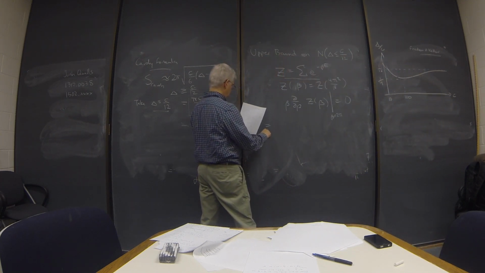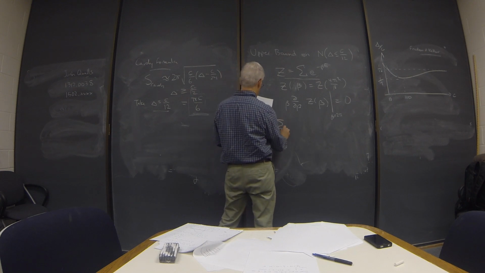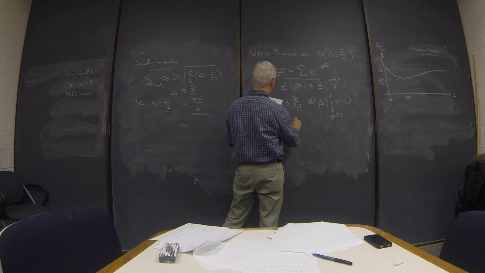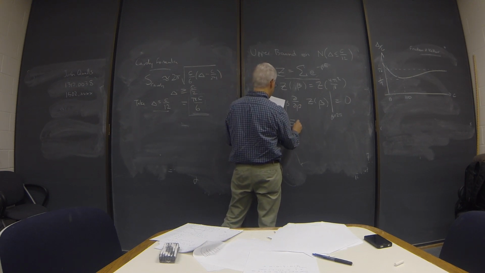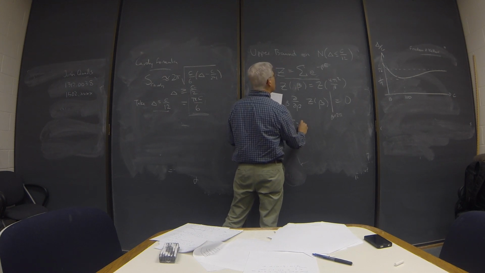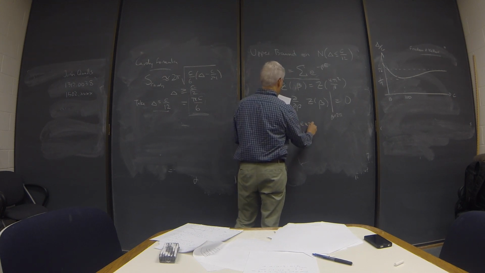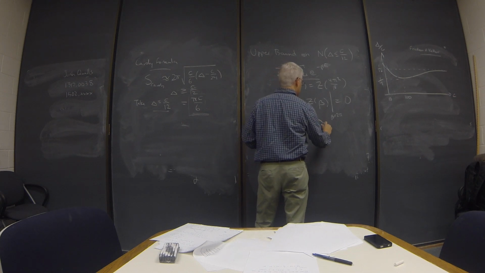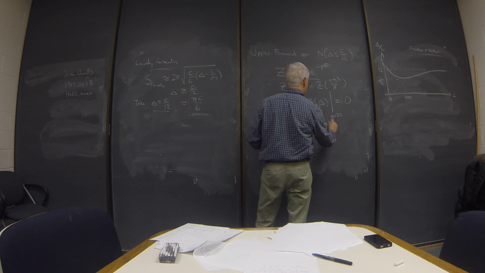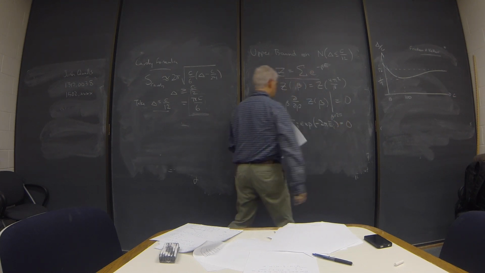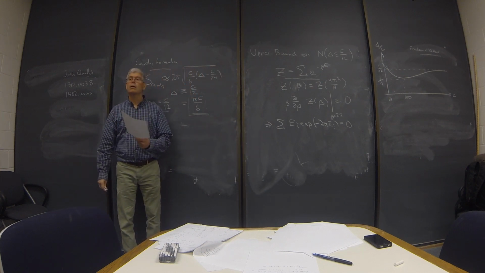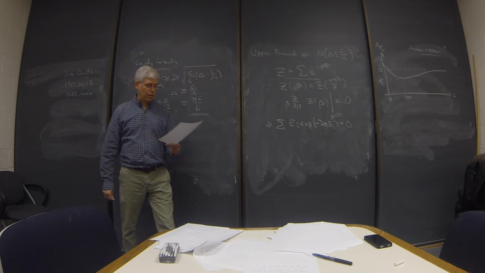So what this means is the beta derivative just pulls down the energy. We're expanding around beta equals 2 pi, and we have that simple constraint to solve.